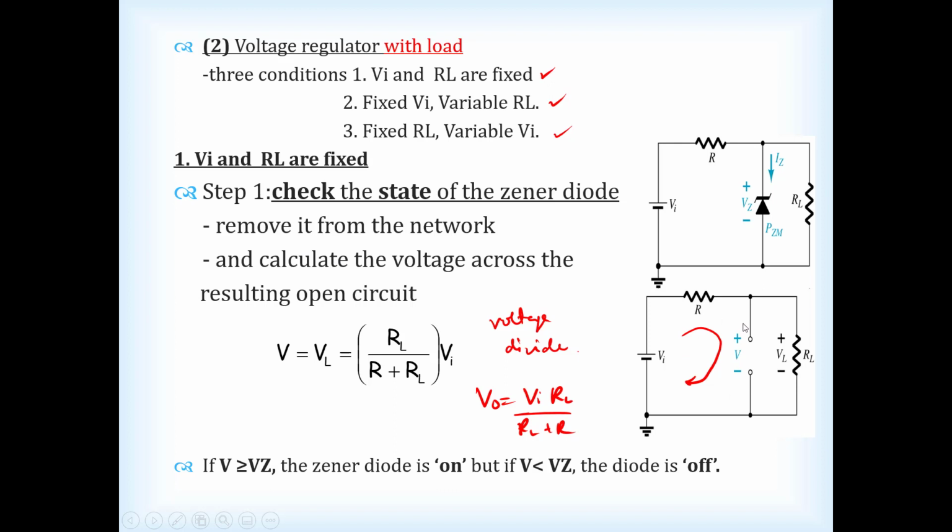Because we need to check the output voltage when the Zener diode is off. What does off mean? When V in is less than Vz, the Zener diode works like a normal diode with no current passing through, so it acts like an open circuit.